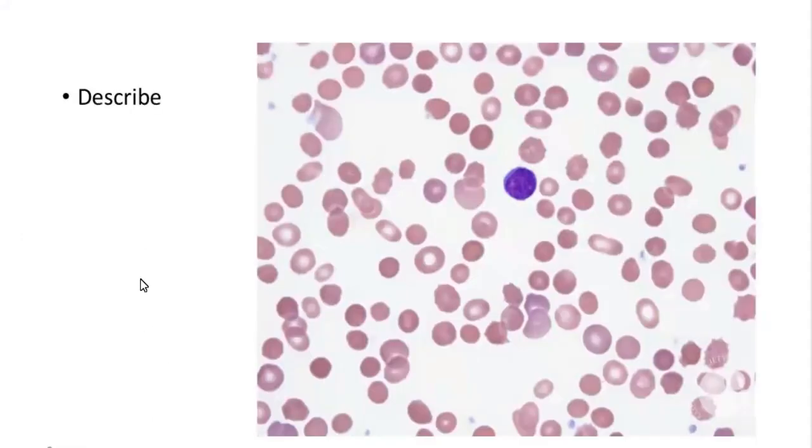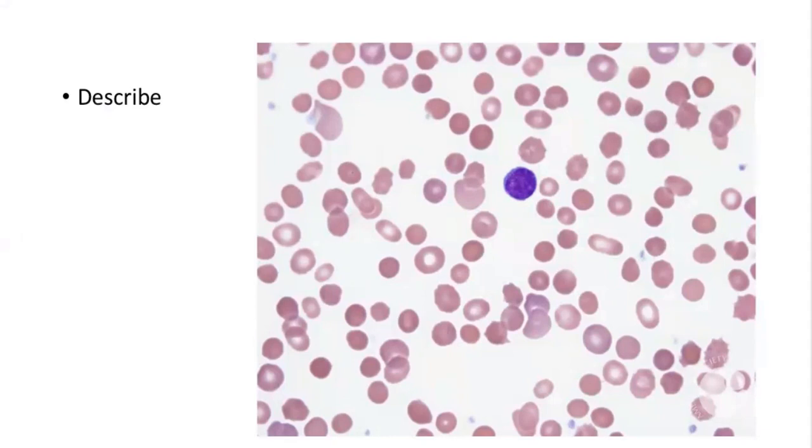Now, okay, I'll give you the blood film. What can you see here? Can you describe who is this guy sitting in the middle of the blood film? That is a small lymphocyte, isn't it?